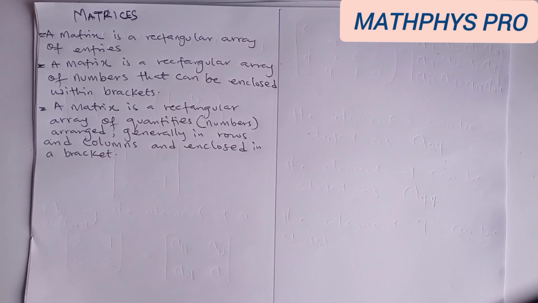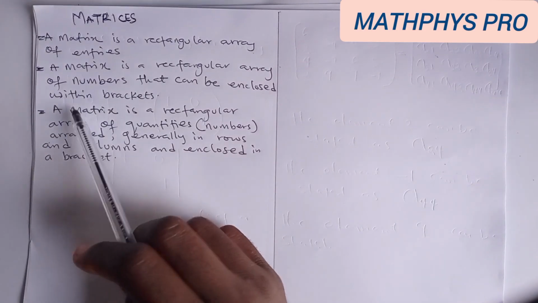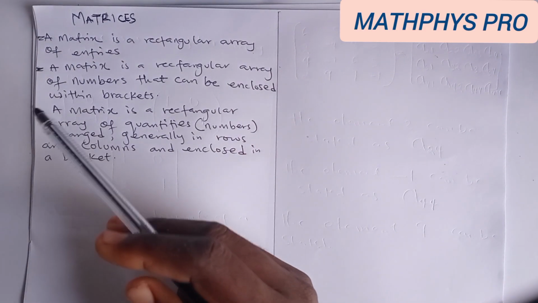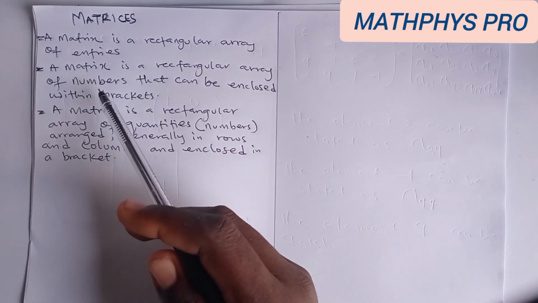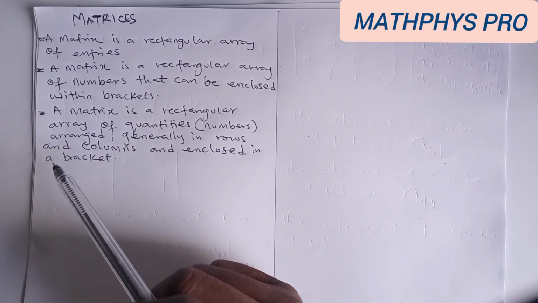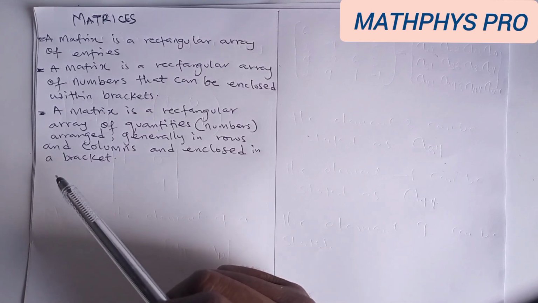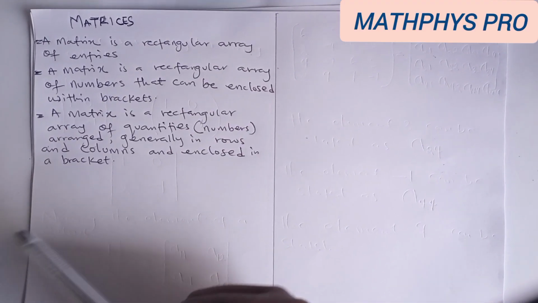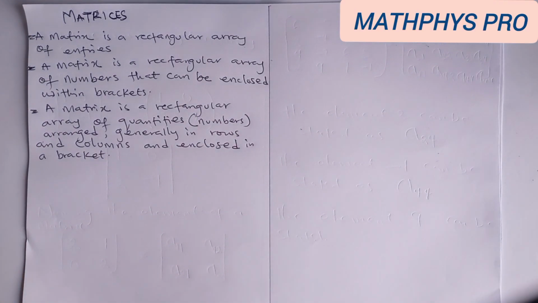We're talking about matrices. The first definition says that a matrix is a rectangular array of entries. The second definition says that a matrix is a rectangular array of numbers that can be enclosed within brackets.